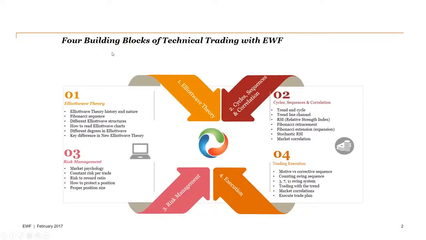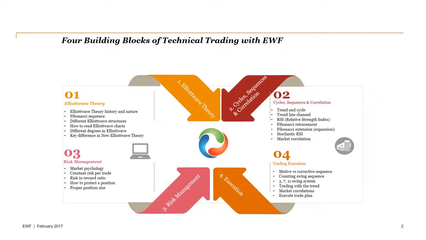Okay, so this is what we call 4 building blocks of technical trading with our company EWF. We provide Elliott Wave service, so we provide a forecast using Elliott Wave technique for 52 instruments right now, ranging from commodities, indices, and also Forex.